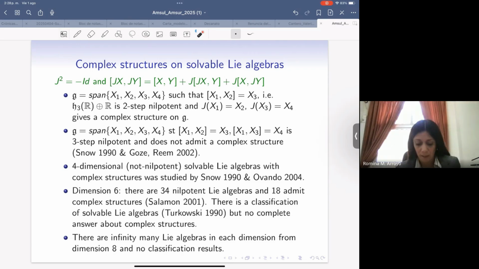And the second one is that if you fix a solvable Lie algebra and you try to answer the question about the existence of an endomorphism satisfying these two conditions, that is also difficult to answer, because these two conditions are not linear.